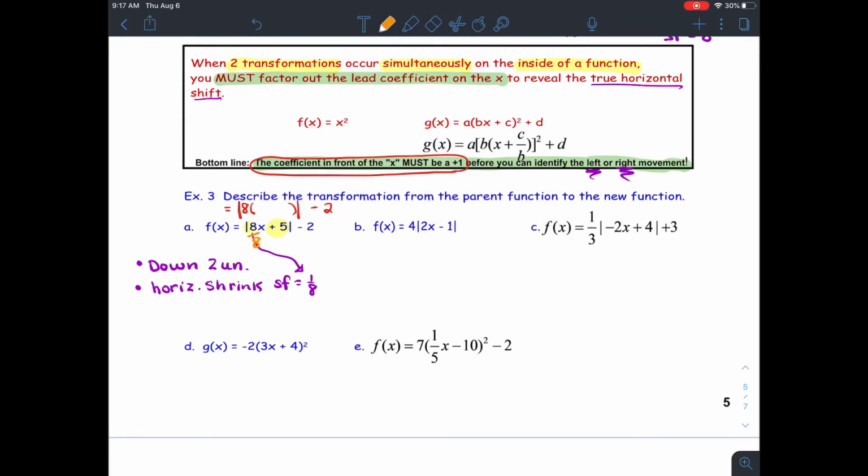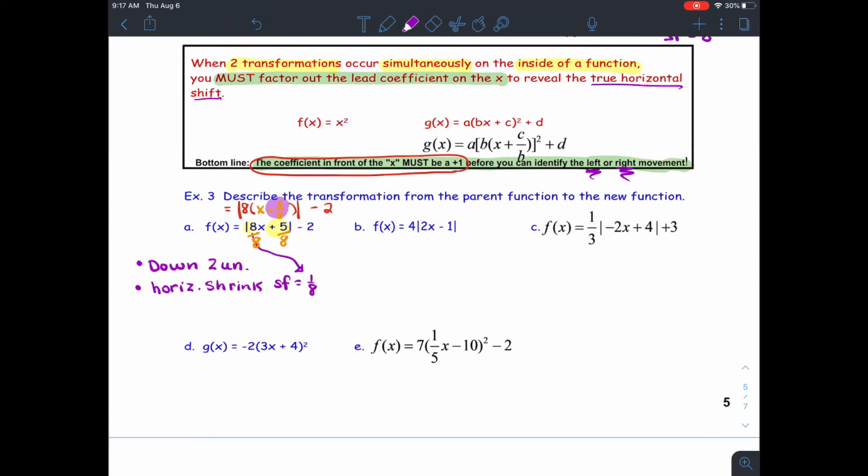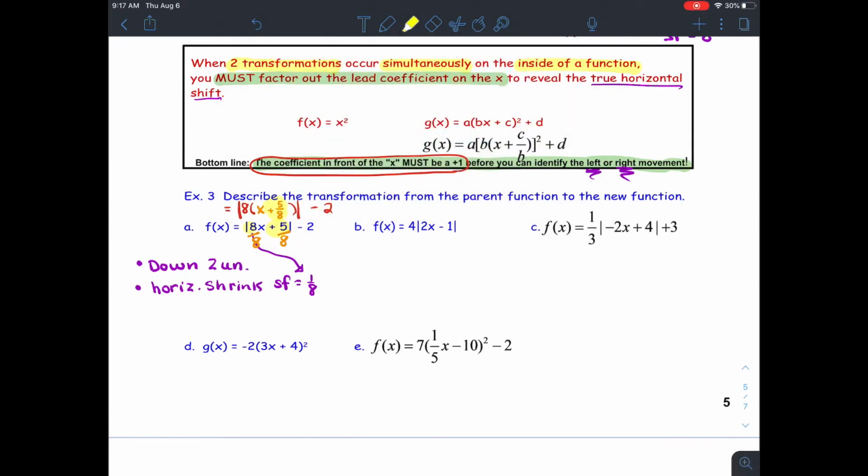But remember, when you factor out something, you're really dividing each term by what you're factoring out. So you take the 8x and divide it by 8, which leaves an x there. Then you take the 5 and divide it by 8, and that leaves the fraction 5/8 there. I'm going to highlight this.